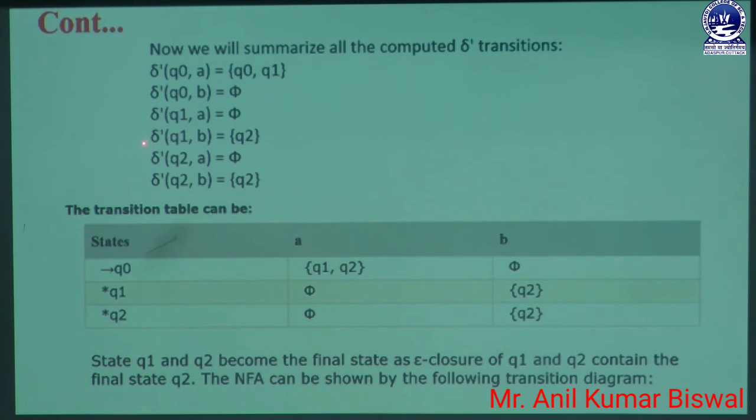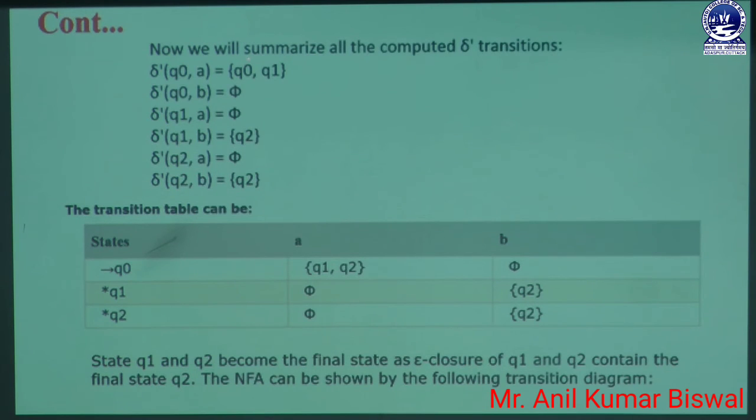On input symbol B, the transition inverse of Q1 creates the Q2 state. The transition inverse of Q2 on input symbol A gives a phi state, meaning no new state is created. And the transition inverse of Q2 on input symbol B creates the state Q2. So it is a general way of state transition table movements.